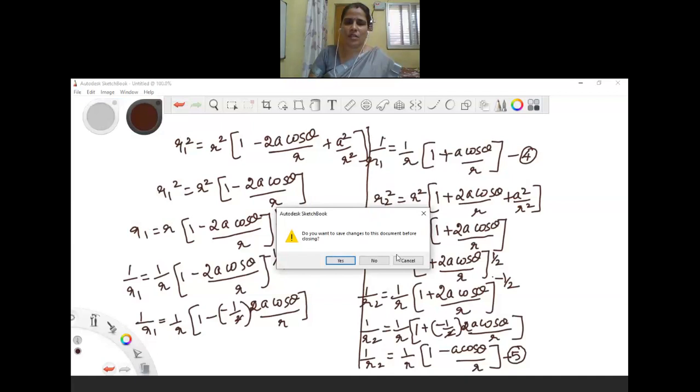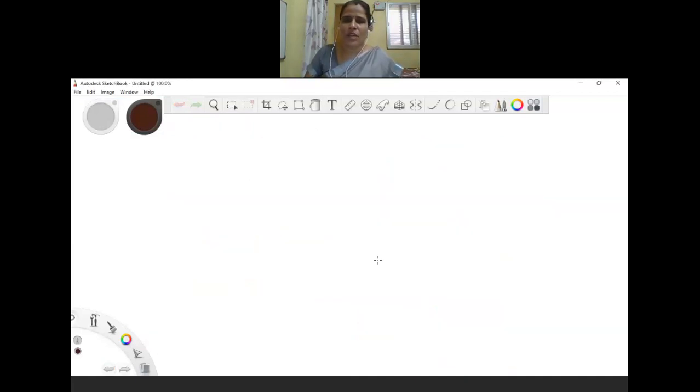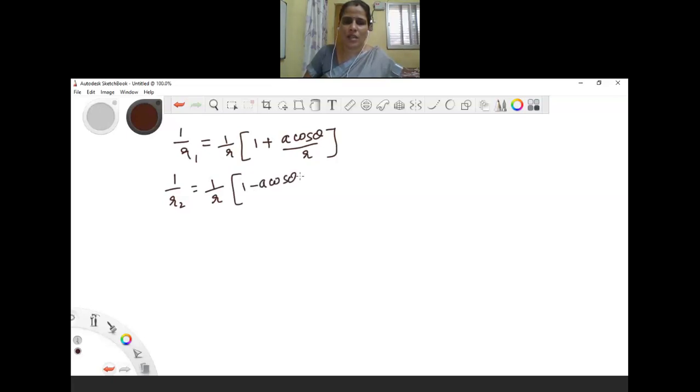So what is 1 by R1? 1 by R1 is equal to 1 by R into 1 plus a cos theta divided by R. Am I right? Yes. Similarly we have 1 by R2 is equal to 1 by R into 1 minus a cos theta by R.